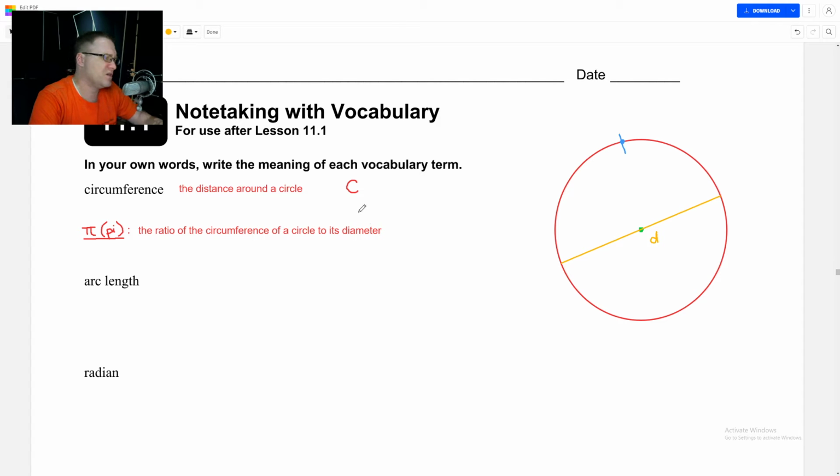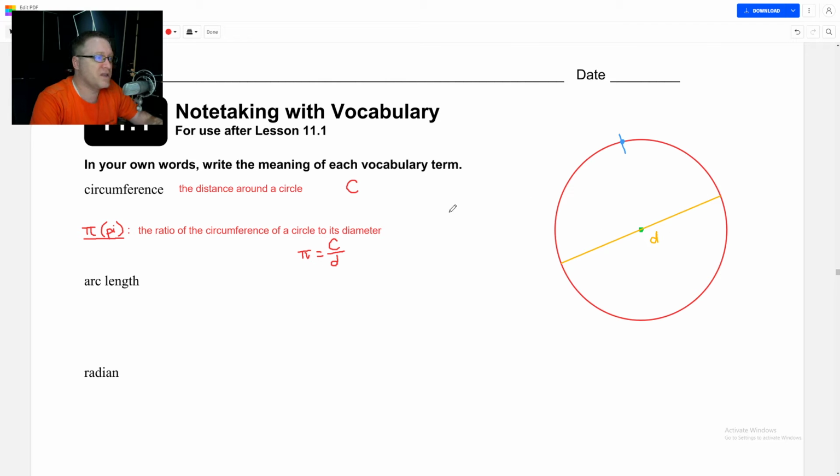Another way of writing that is pi always equals the circumference divided by the diameter. See, pi is the ratio. Remember, a ratio is just when you divide two numbers. So the ratio of the circumference of a circle to its diameter is pi. You should remember that.